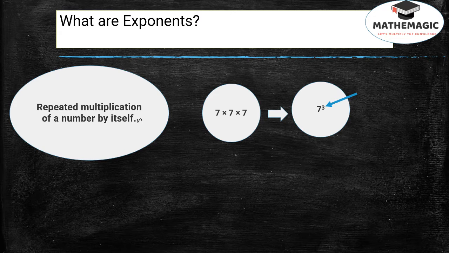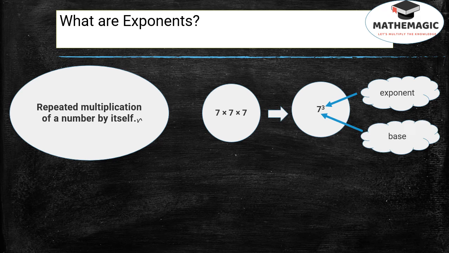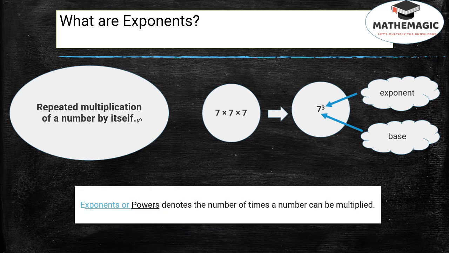Here, the exponent is 3, which stands for the number of times the number 7 is multiplied. And 7 is the base, which represents the actual number that is getting multiplied. So basically, an exponent or power denotes the number of times a number is multiplied.